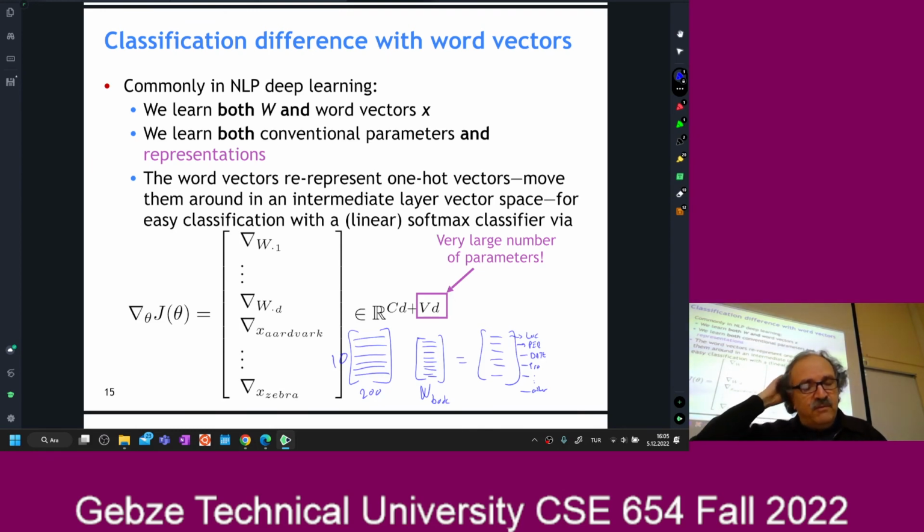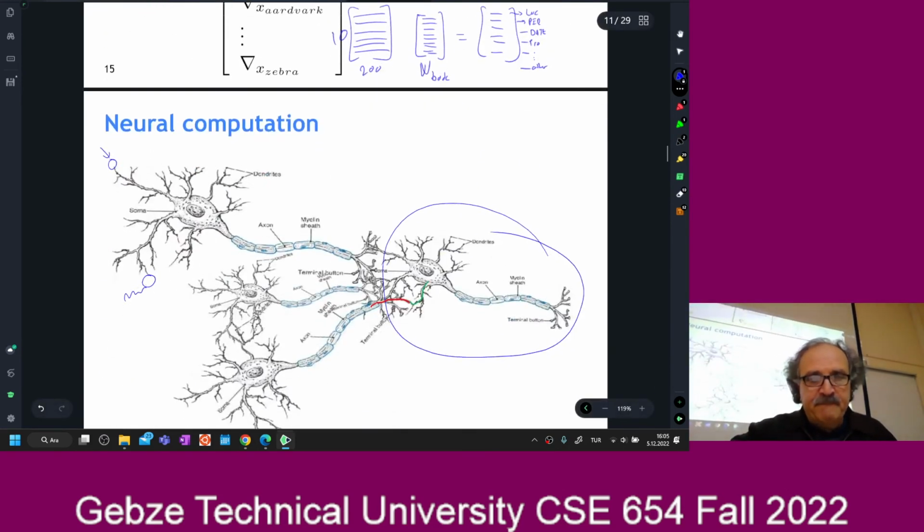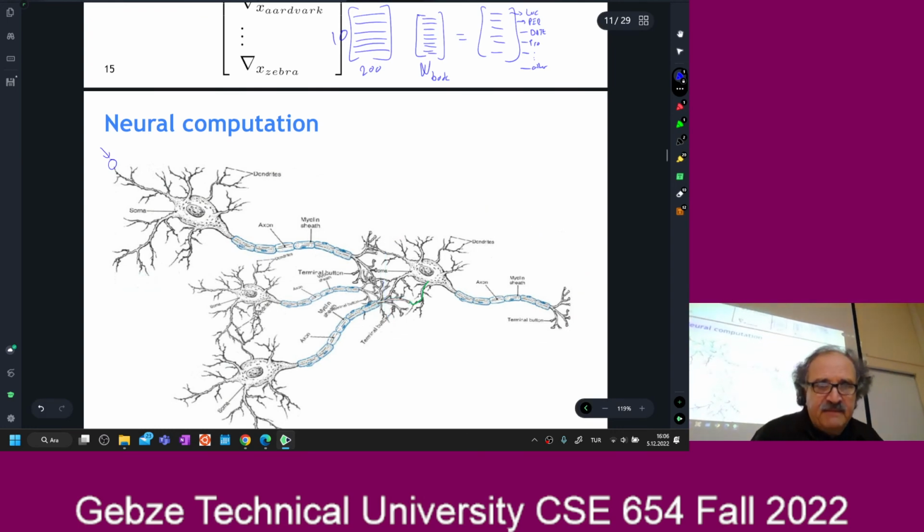Classification with word vectors. I kept talking about neural computation and neural networks, but I didn't talk about why we are doing those. This is a human brain cell, a neuron.